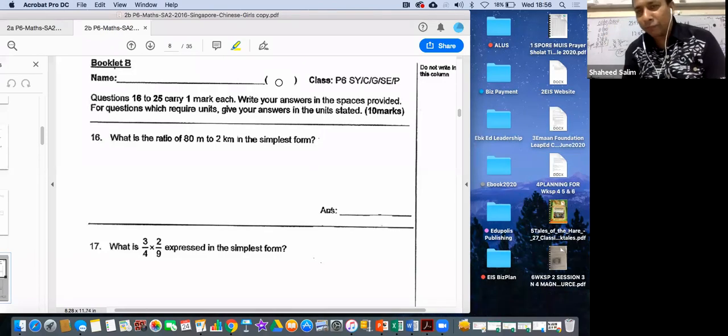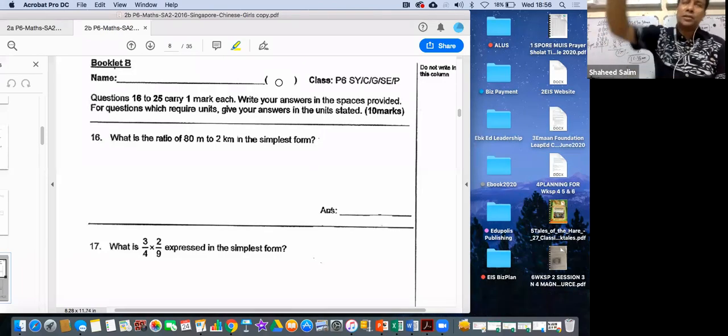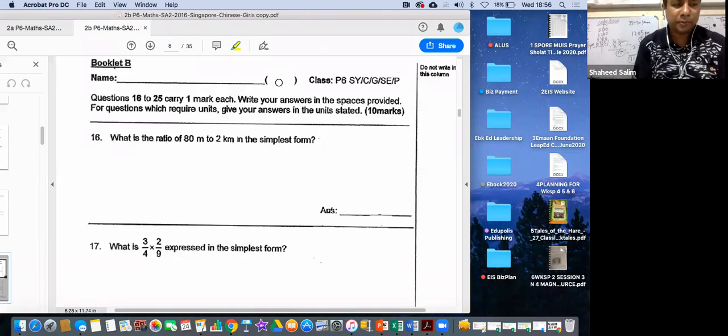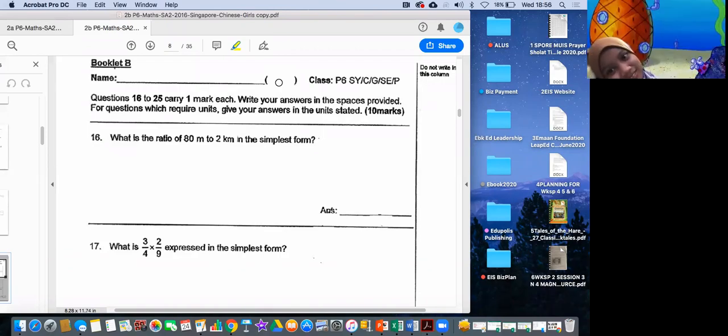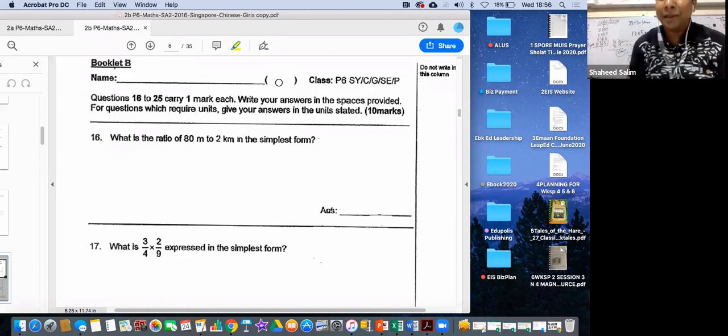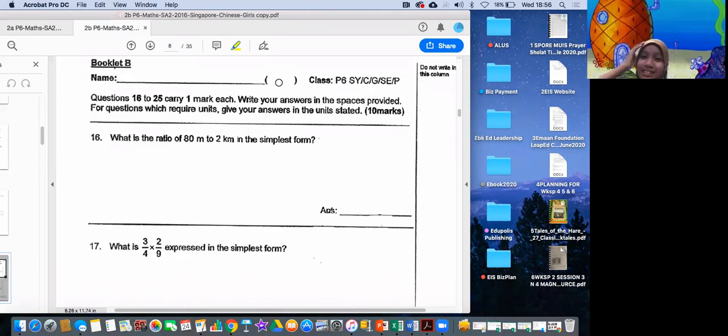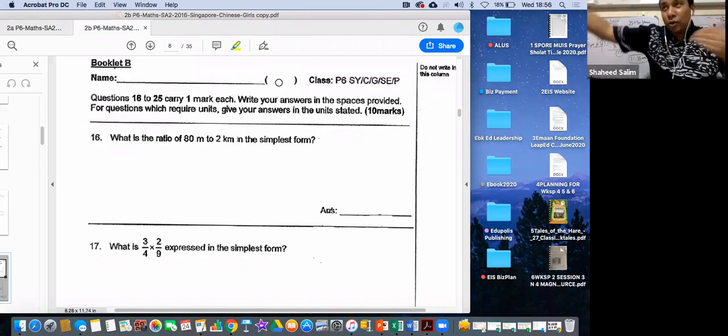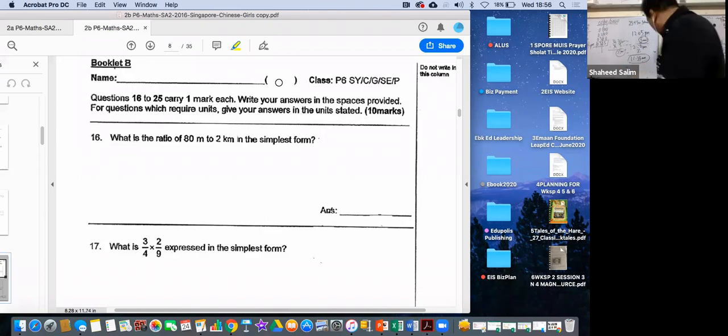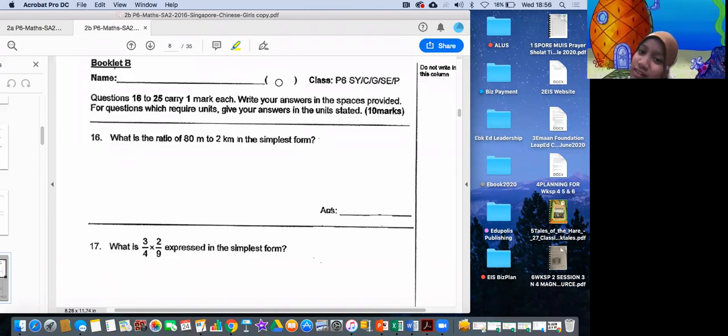Okay, those who have completed, Sophia, you run round the stadium one round. How many meters is that? 1 meter? You are more than 1 meter. Surely the whole stadium is not only 1 meter. 100 is only the 100-meter race, only one straight stretch there. 1,000 is too much.